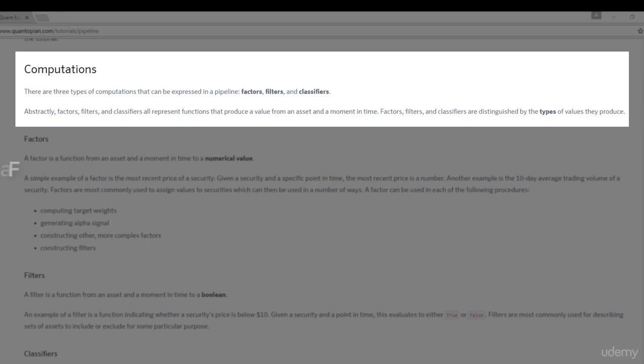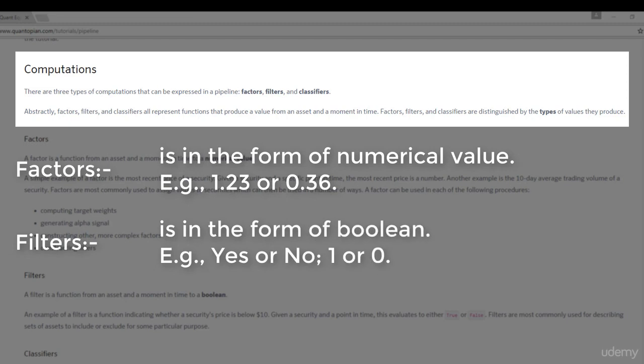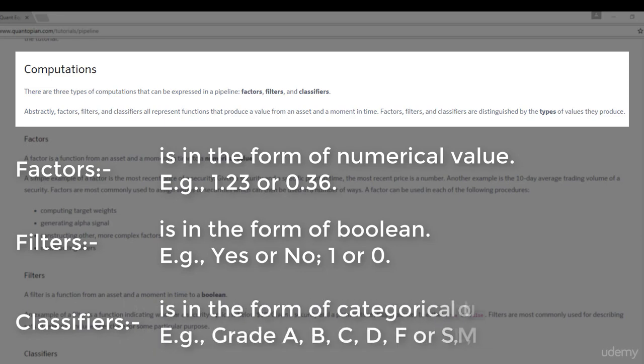A simplistic way to distinguish between the 3 is that a factor's value is in the form of numerical values or real numbers, whereas a filter is in the form of a Boolean, so it's either a yes or a no, and classifiers will be in the form of categorical output.